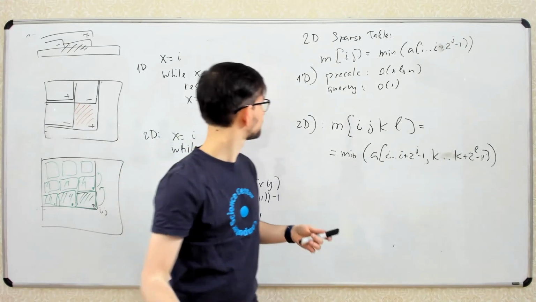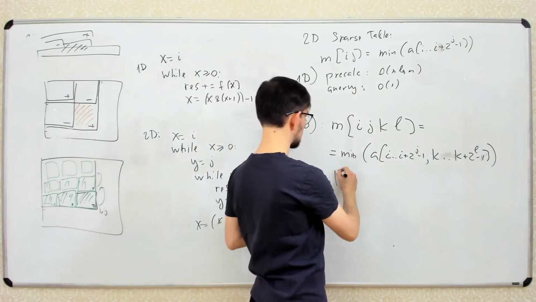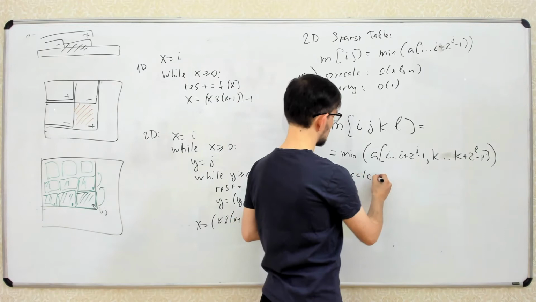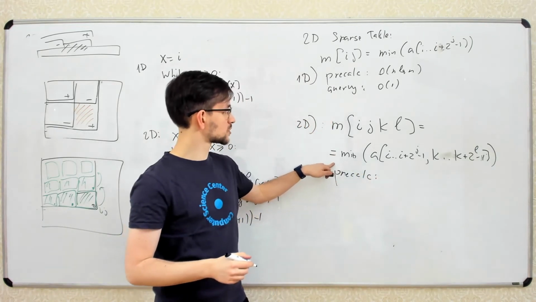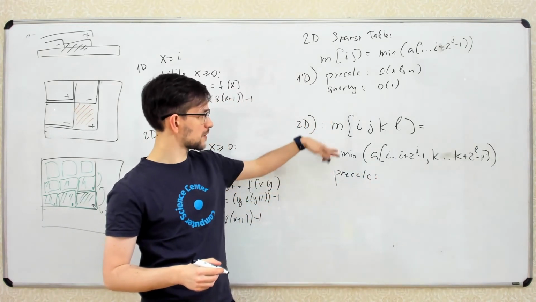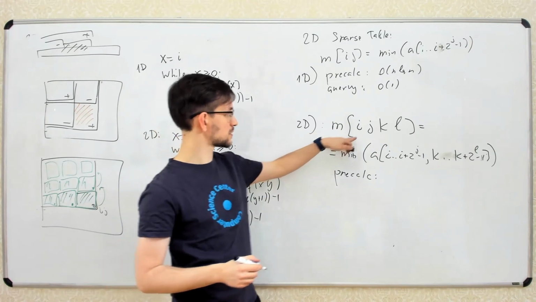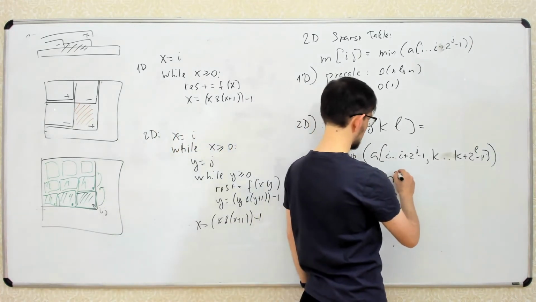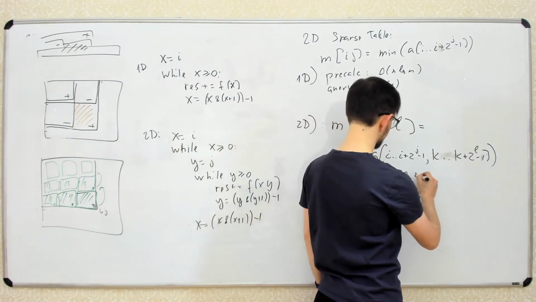So I can calculate all these minimums in linear time by the size of this array. This array has size n square log square.